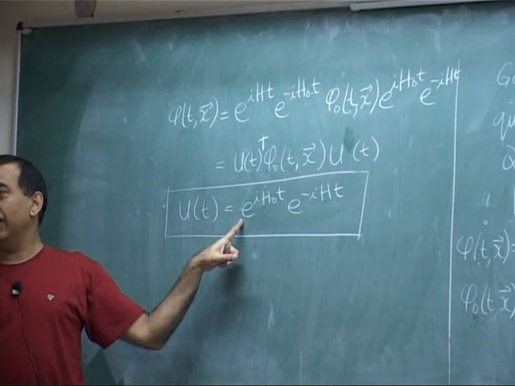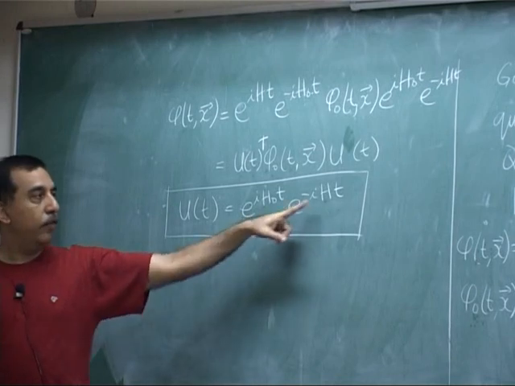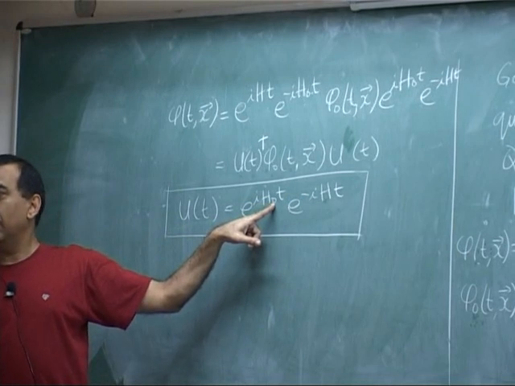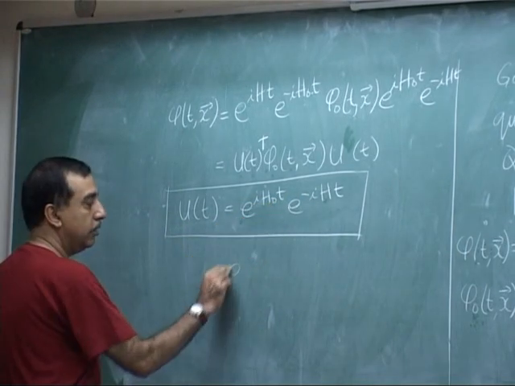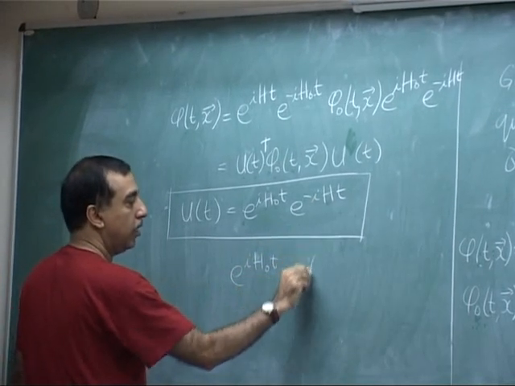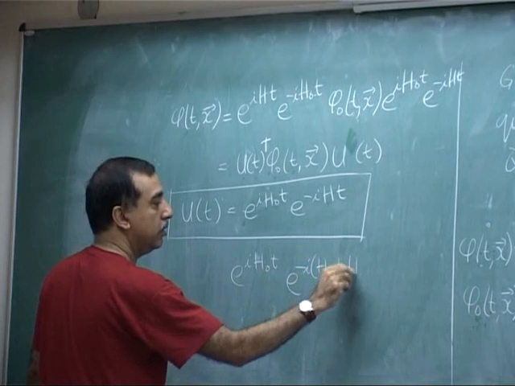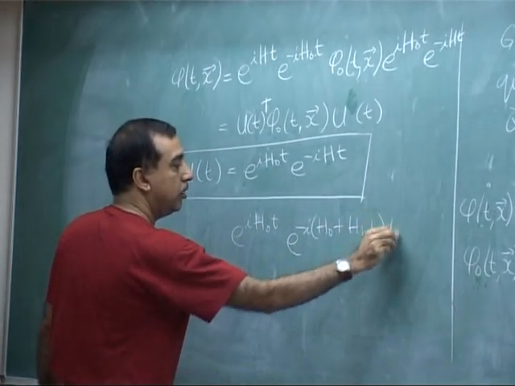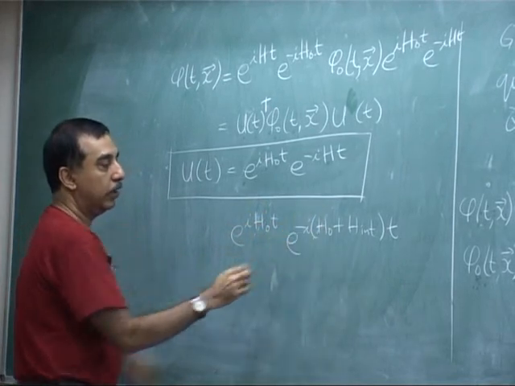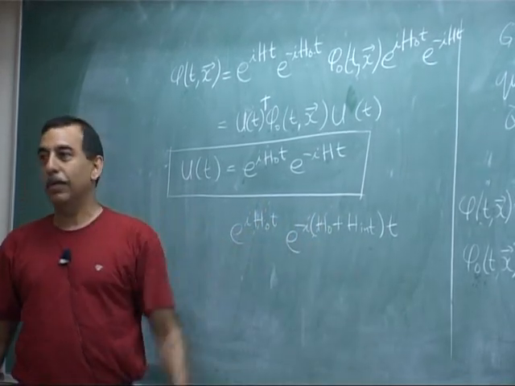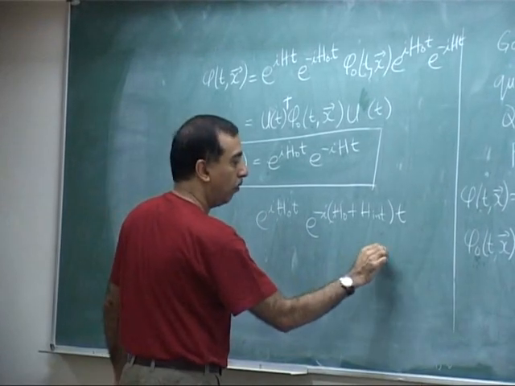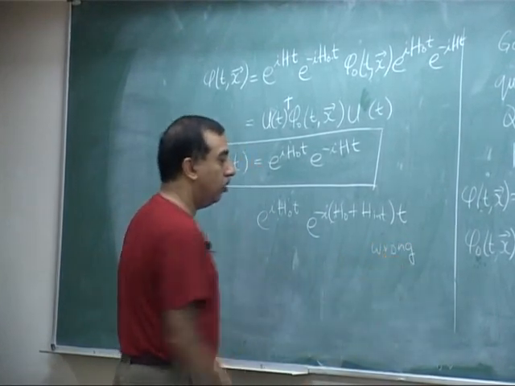And it would have been very nice and very easy if the operator H and the operator H naught commuted. This e to the iH naught t, this is e to the minus i times H naught plus H int times t, and then we would like to perhaps cancel these two factors, and it would be just e to the minus H int t, but this is wrong. Why is it wrong?